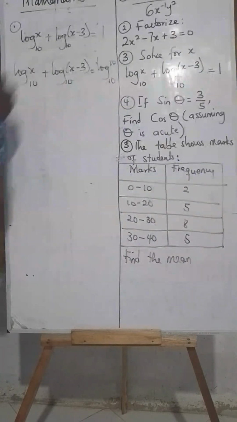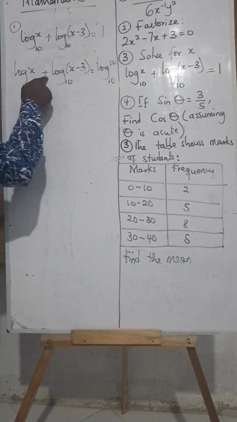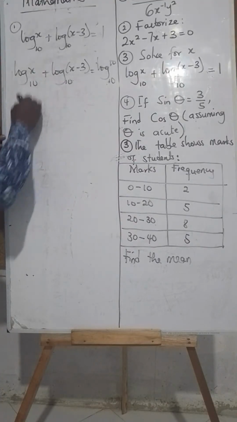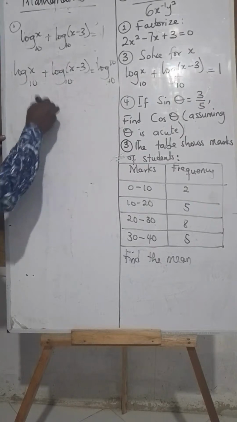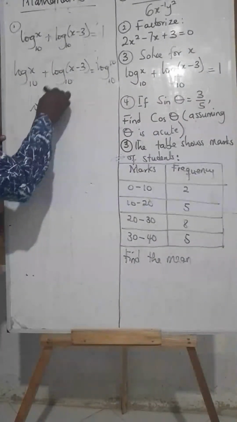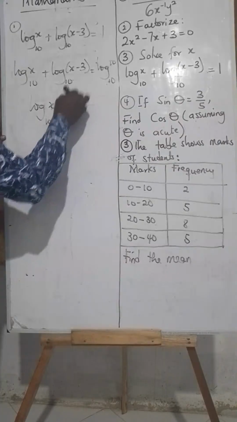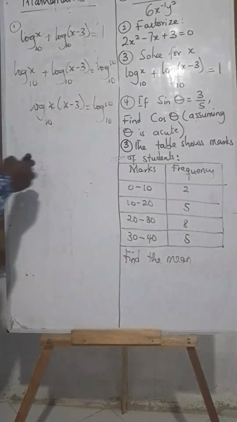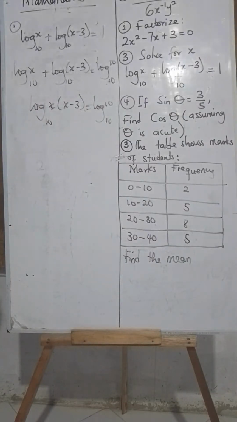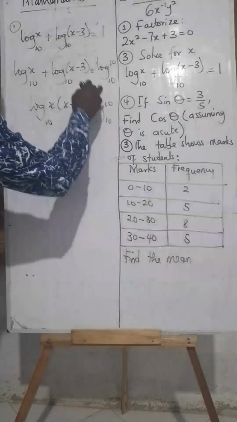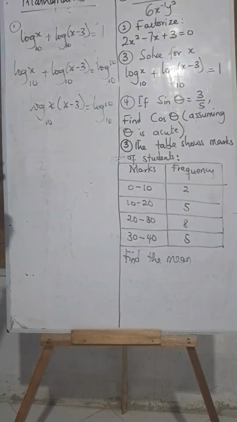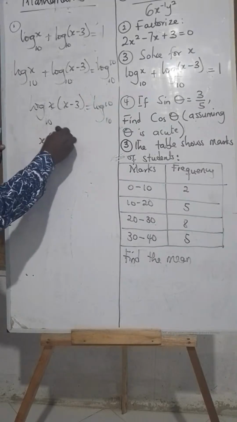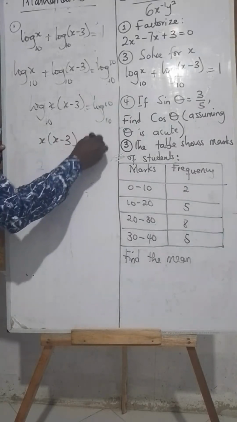Right, so with this, because of the addition here, this will be what? Multiplication. So we have log of x times x minus 3, and log 10. So by taking the logarithm out, we are having x bracket open x minus 3 equals 10.